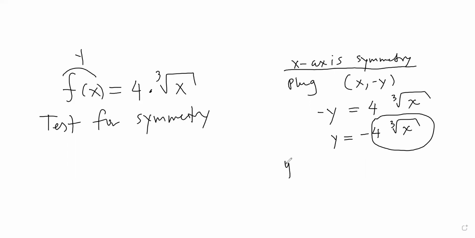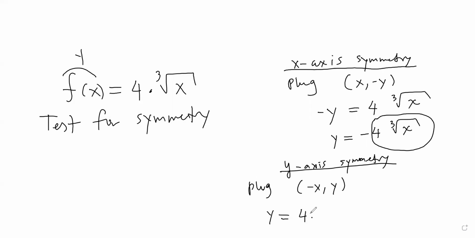So let's check for y-axis symmetry. So for y-axis symmetry, now we're gonna plug negative x, y. When we do that, then y is gonna be 4 times cube root of negative x right here.